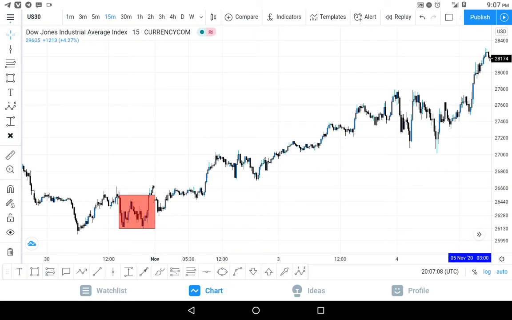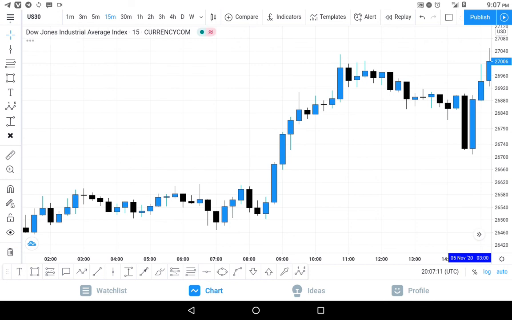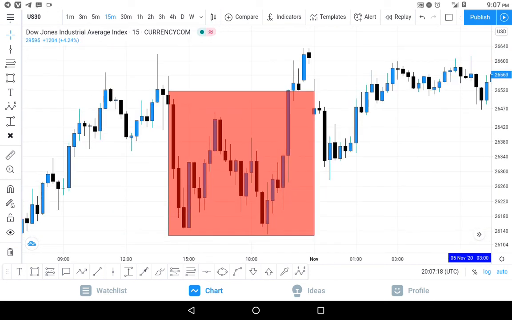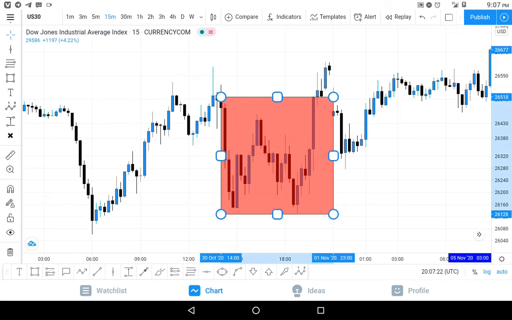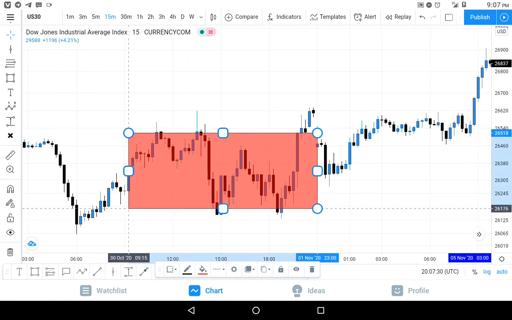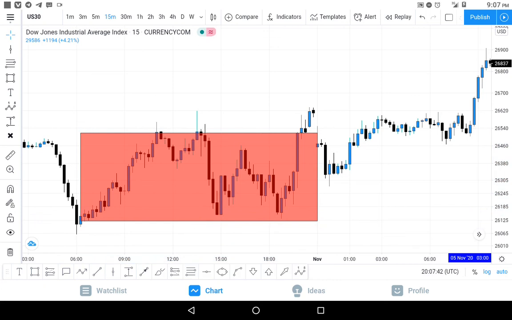Let me explain it. Let's show the consolidation formation. I said price will be taking out buyers at the lowest point of the range and sellers at the highest point of the range. Now this is what I was talking about, guys.